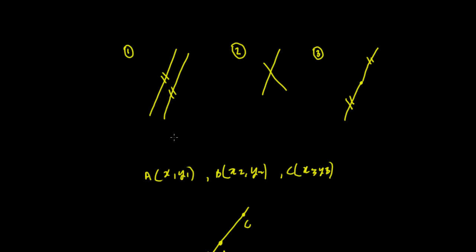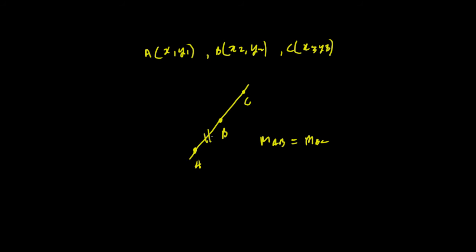But that could mean it looks like this, where they're parallel, because both these gradients are the same. Or it could look like this, because both these lines are parallel and have got the same gradient. But we know that all three points are collinear, because this point B is common to both of these lines.